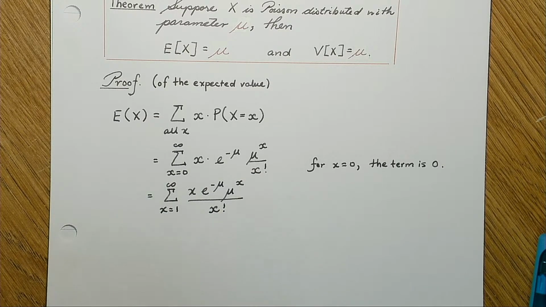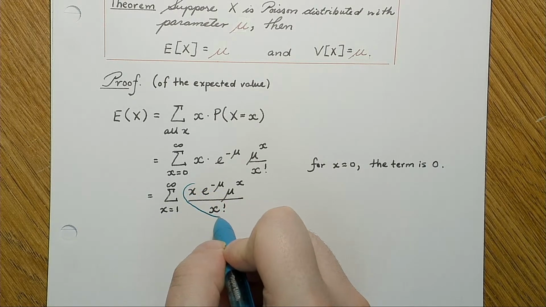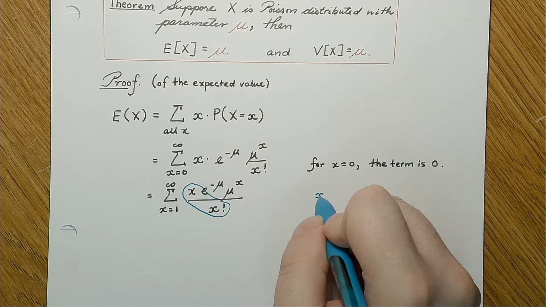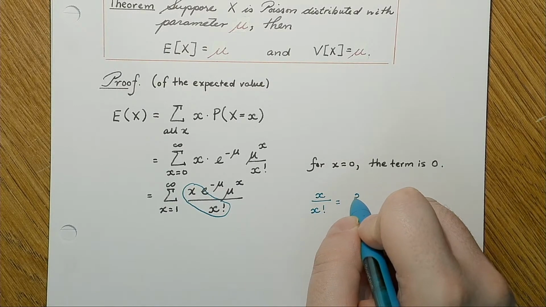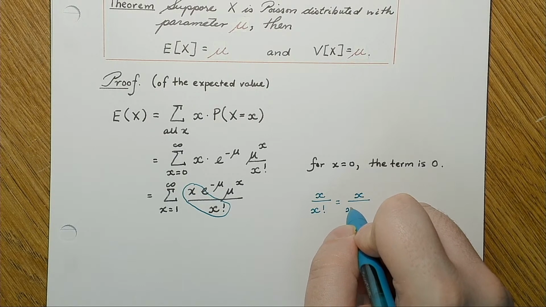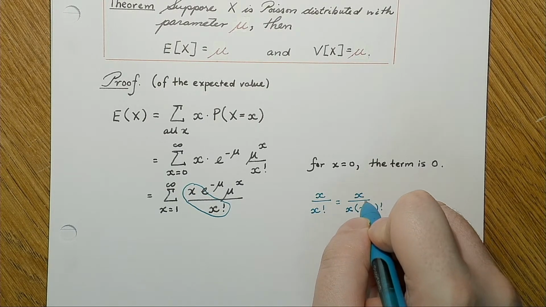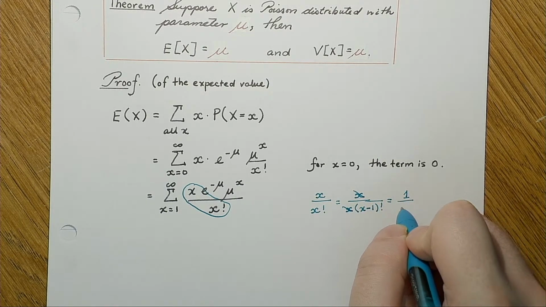Now what I can do is I can see that here what I have is x over x factorial, or I could see that as x times x minus 1 factorial, and so that cancels, and so I'm left with 1 over x minus 1 factorial.